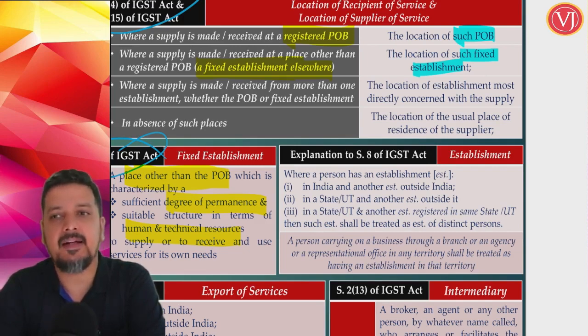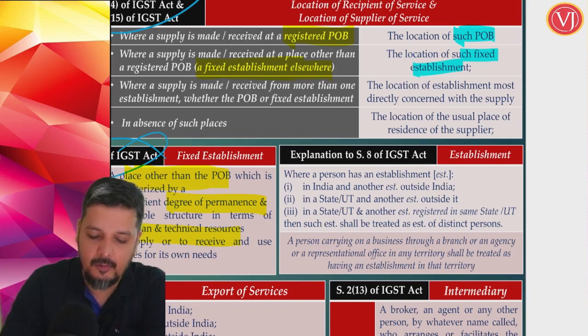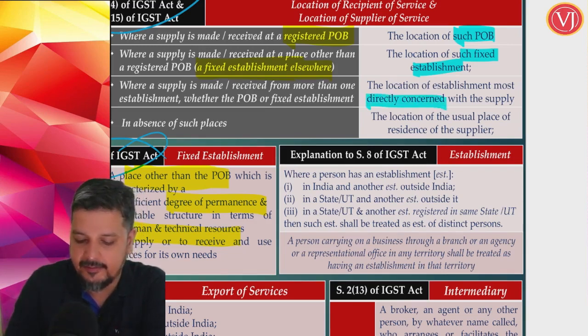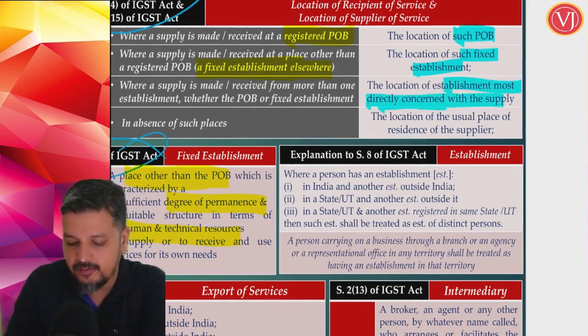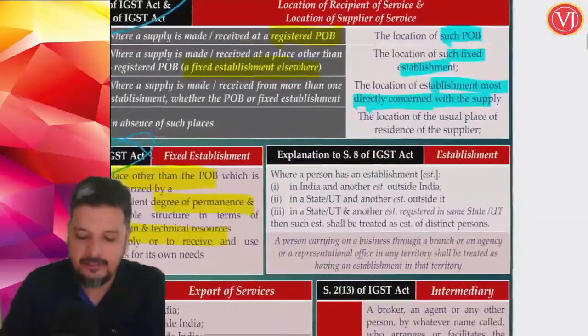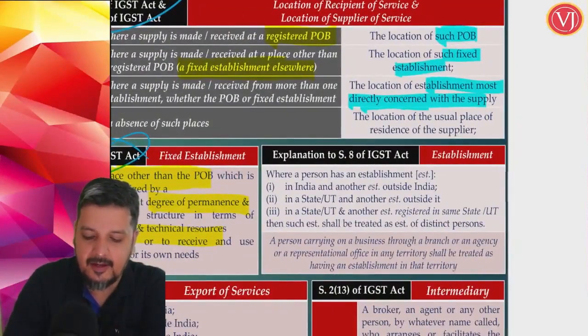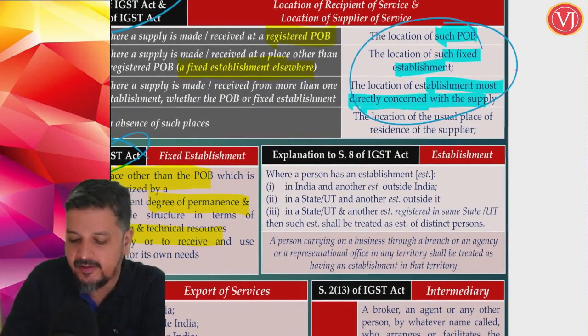Now when I have my branch in Delhi, Bangalore and Coimbatore, from where I am supplying my services, the place from where I am going to supply my services might be Delhi, it might be Bangalore, it might be Coimbatore, whichever is more directly concerned. Actually, all these 3 points are utter time pass. You can remember this as step 1.